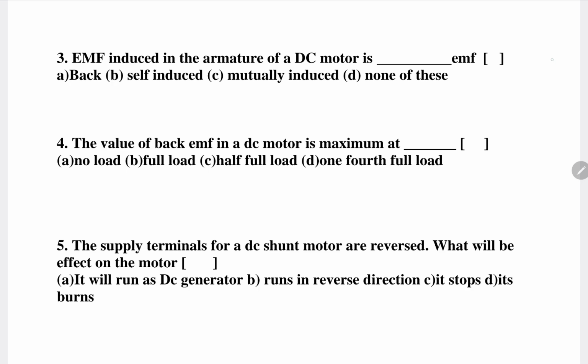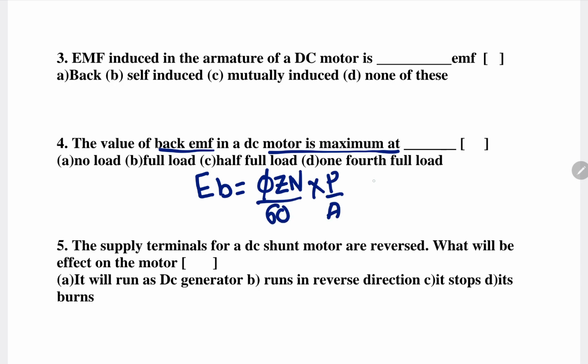Next, the value of the back EMF in a DC motor is maximum when? We just discussed the back EMF formula, phi Z N by 60 into P by A. From this we can analyze that back EMF is directly proportional to the speed. So when the speed is more, back EMF will be more.